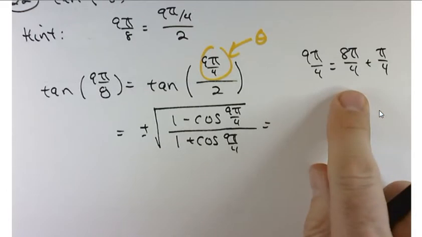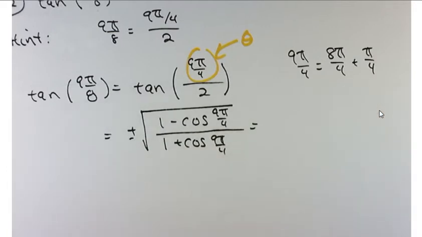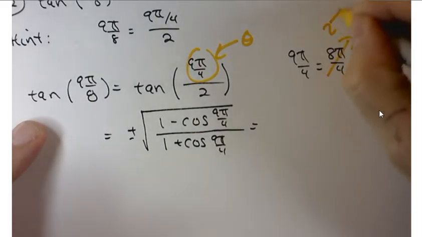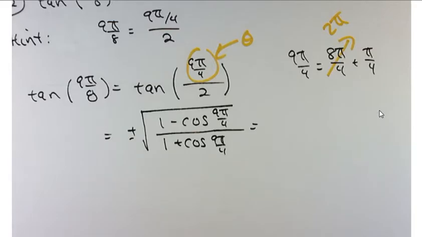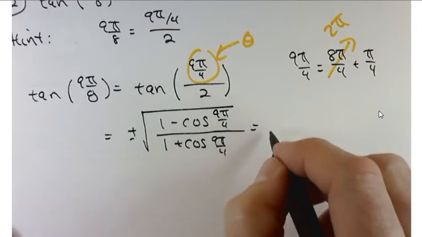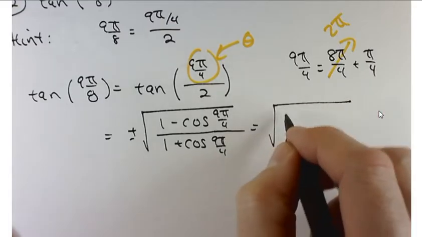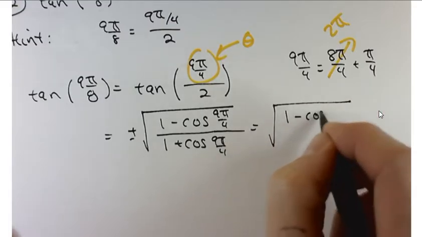Now, what's the significance of 8 pi over 4? It's 2 pi, right? So rather than work with this ugly angle of 9 pi over 4, we could work with a coterminal angle of pi over 4.